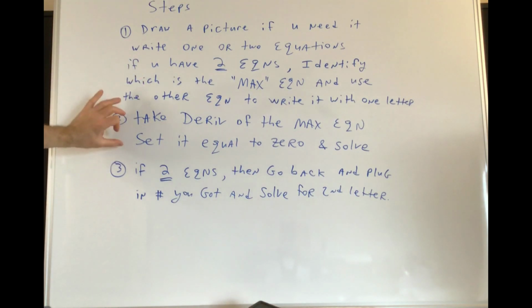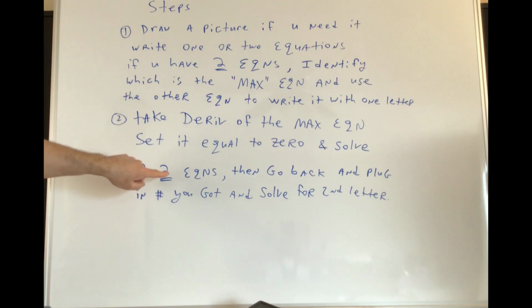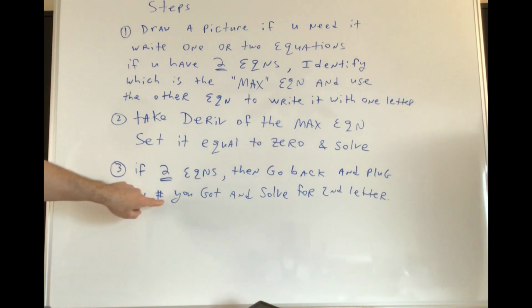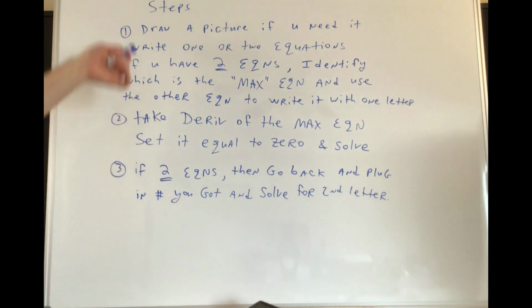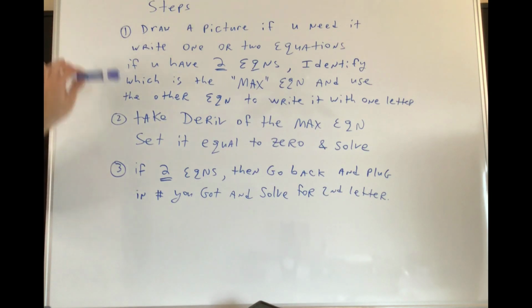Then I was able to take the derivative of the max equation, set it equal to 0, and solve. I got my number. Once I knew what x was, I was able to go back to the original problem, plug in what x was, 250, and then I figured out that y was 250. So this is always the general idea of what you're going to do. Write your one or two equations.